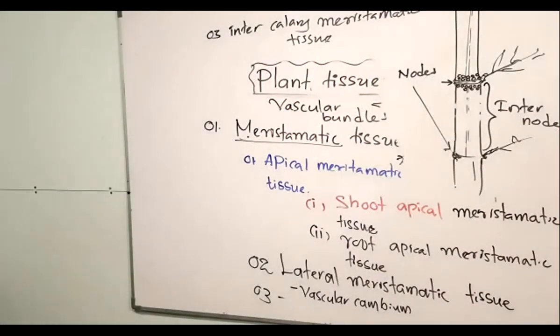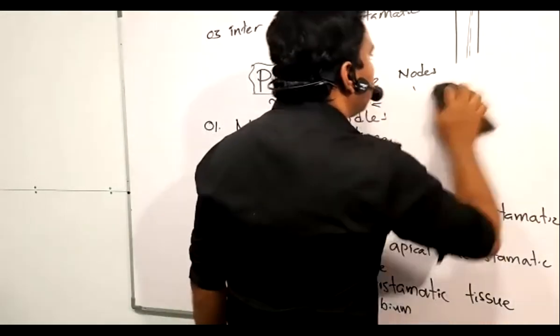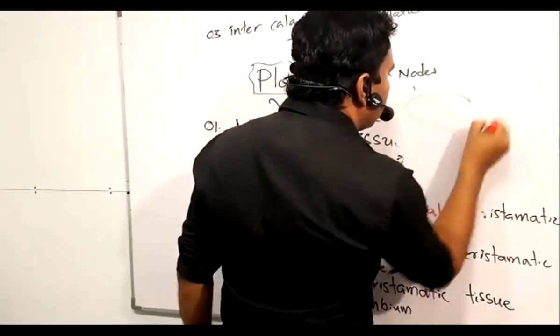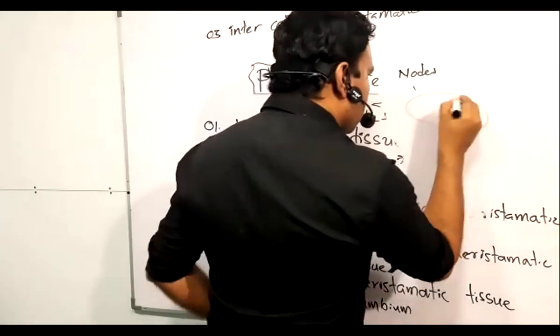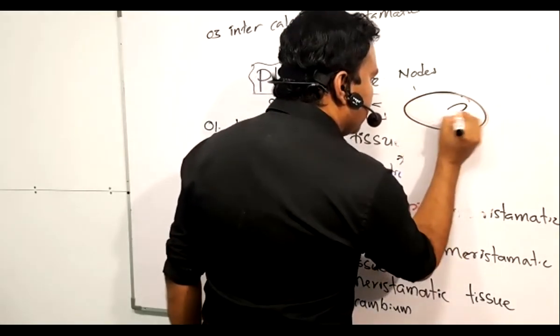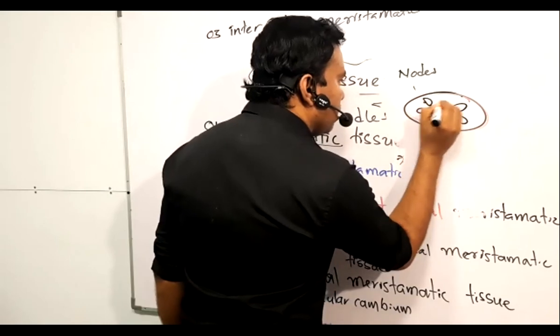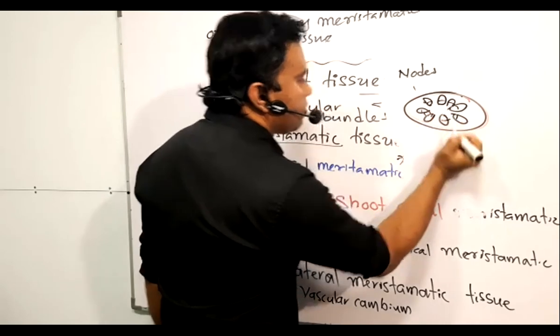Okay, monocots and dicots. I'll draw that. In dicotyledonous plants, systematically, the vascular bundles have been nicely arranged like this. Nice vascular bundle, and this vascular cambium exists.